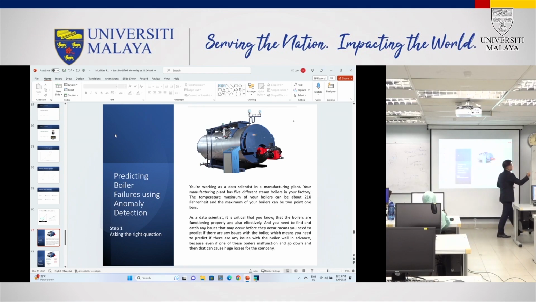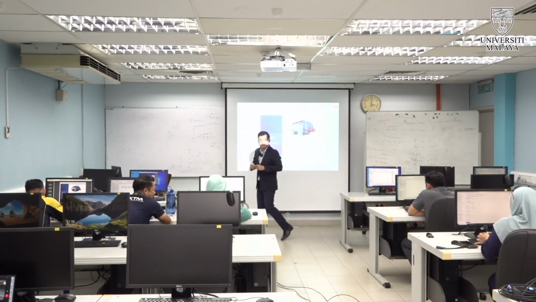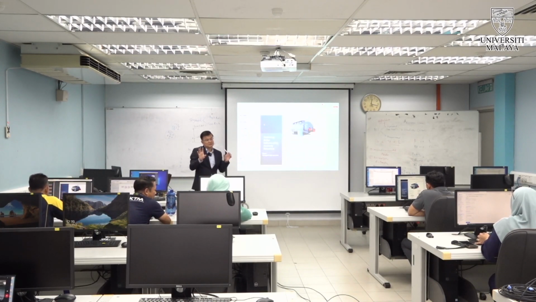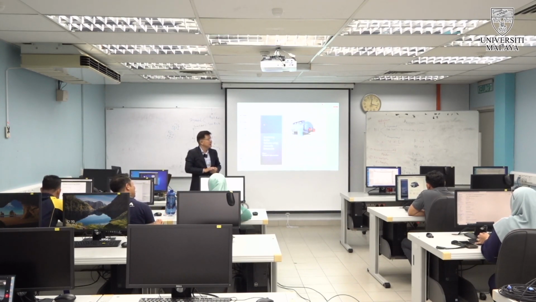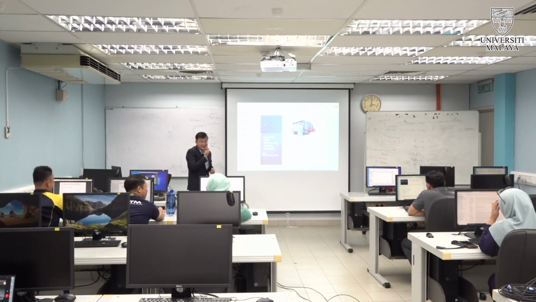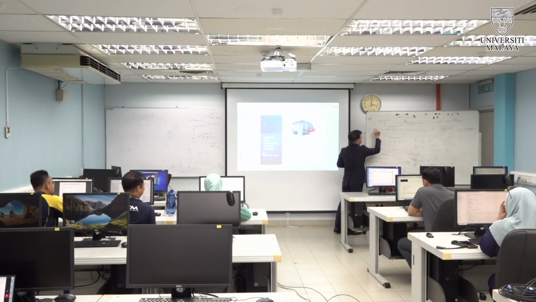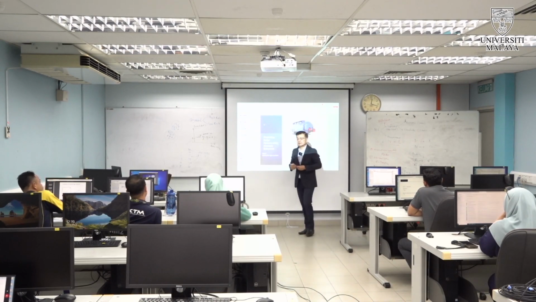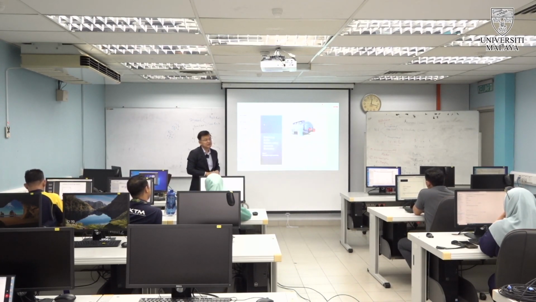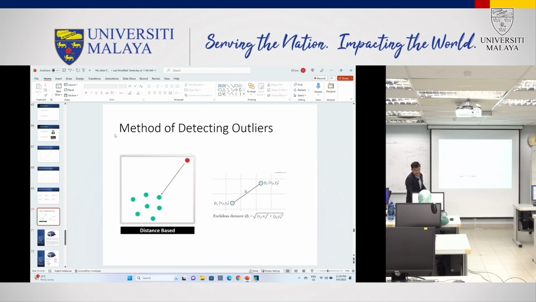If the data is not balanced, you have to think of a method to make it balanced. Balanced data means all class labels have almost an equal number of samples. But for anomaly detection, this is not common. It is hard to get abnormal data, so normally data is not balanced. So supervised learning is not suitable. We have to use a method like this: no labels needed, just measure distance.